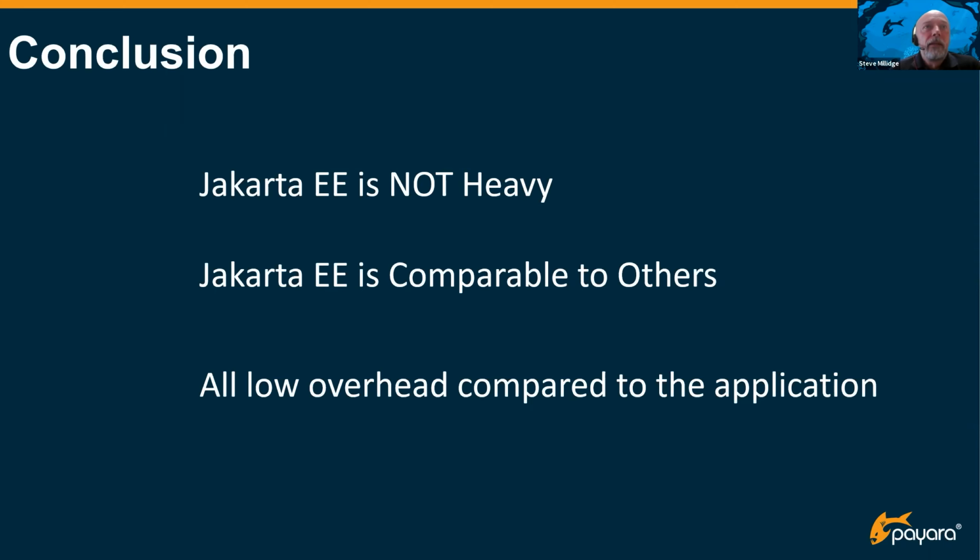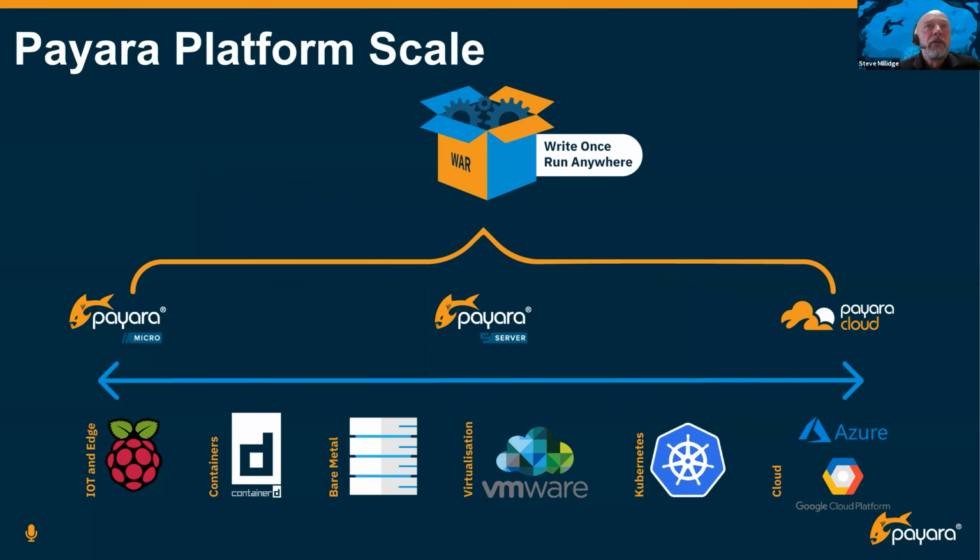So the whole point of Java EE is to separate that application from your runtime. And the point of what we're trying to do in Payara is to set this up so that you as a developer, all you need to do is worry about building your application. And we're building runtimes that will span from Payara Micro, which is really small.